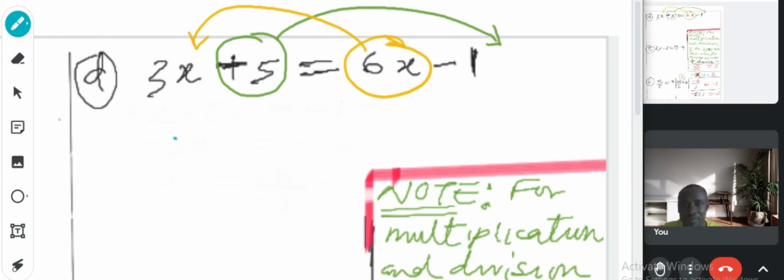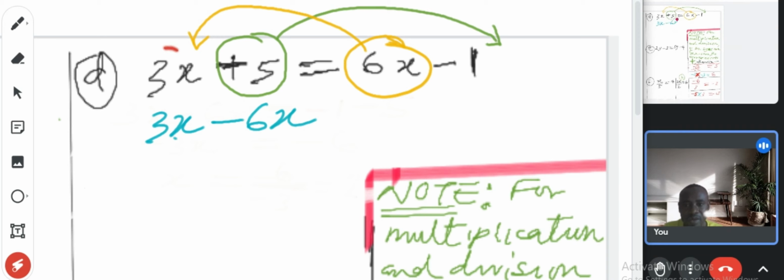And then you do 3x minus 6x. You write 3x first. This 6x has a plus. It crosses over and becomes minus. Okay, so equals. I've collected the x's, the numbers now.